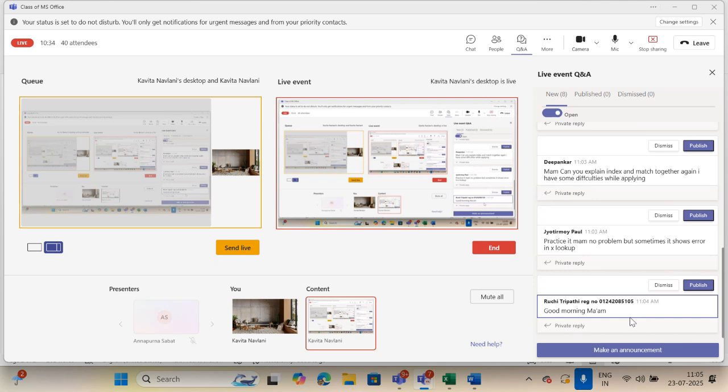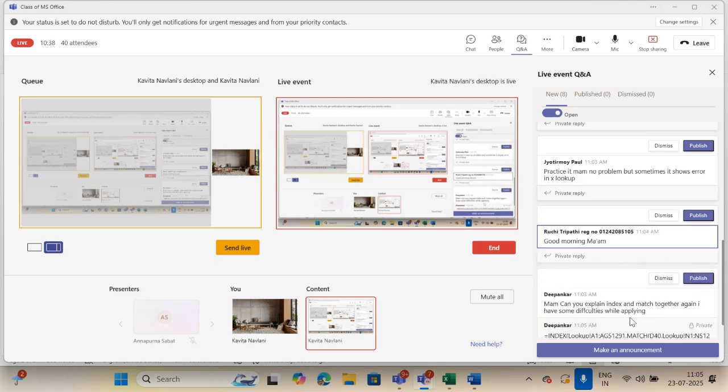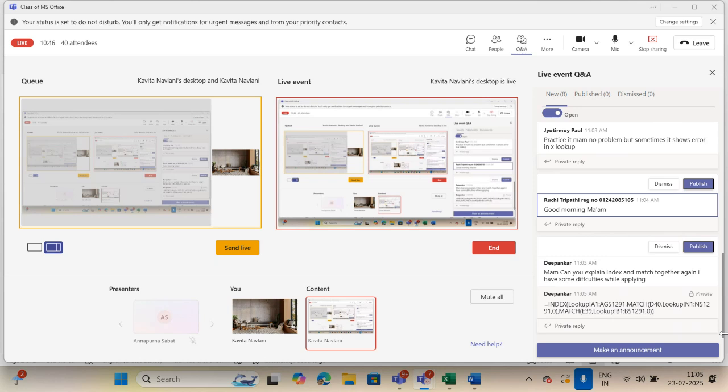Are you sending, Dipankar? I'm waiting, otherwise I'll give you the explanation on that also. Great, I got your formula.